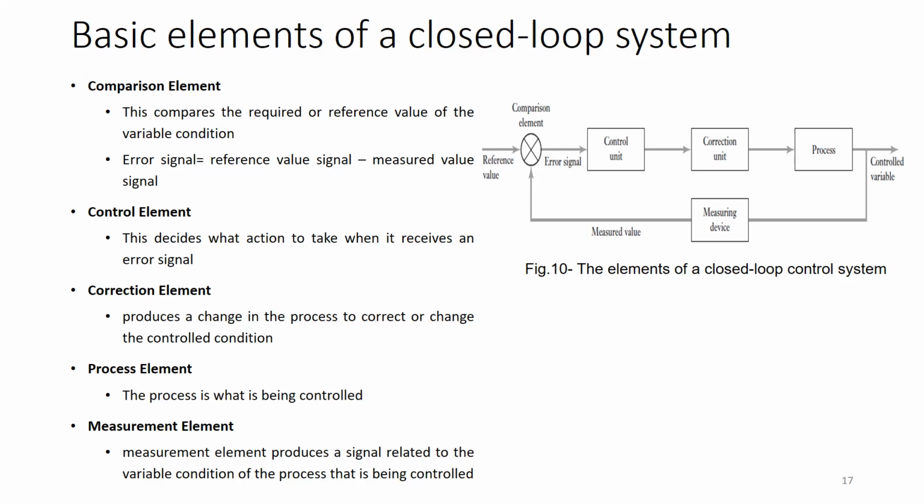It is applicable to the open loop control system also, and to the closed loop control system also. अगर open loop की बात करें यहाँ पे, तो ये element और ये element आपका missing होगा, but these three elements or units are still present in an open loop control system. Is it clear?